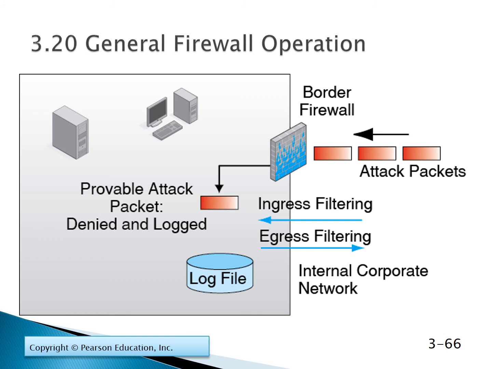And in a lot of companies, these firewalls also look at egress filtering. So they look at the traffic going out, because we also want to monitor whether someone is stealing your data.